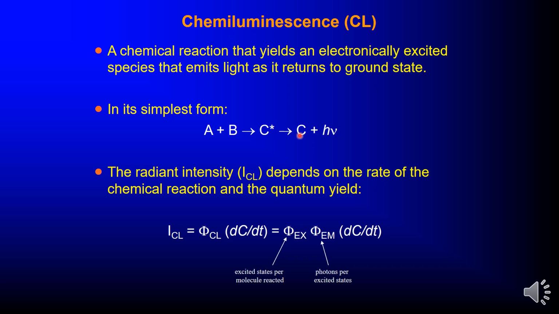Then as C returns to ground state, it emits energy in the form of light. You know that energy is equal to Planck's constant times frequency. So the radiation intensity depends on the rate of the chemical reaction and the quantum yield, meaning how many photons are emitted.